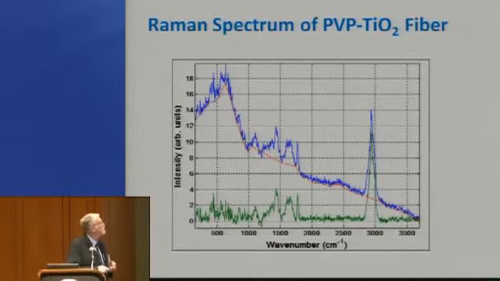Just to tie in with what Bruce was talking about, this particular group that Andy's working with, one of the things they're looking at is electrospinning of polyvinyl pyrrolidone and titania with titania fibers. And this was the terrible Raman spectrum, one of the earlier spectra that they did, where we applied this baseline correction technique to get, for this rather poor, noisy spectrum, a pretty decent baseline correction.